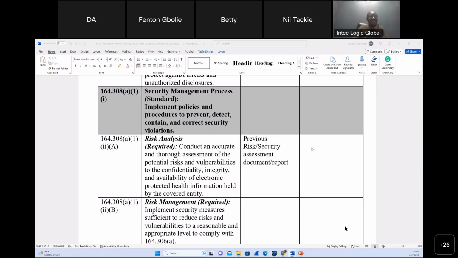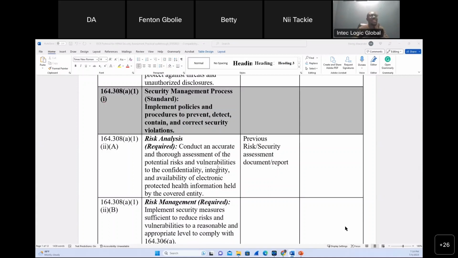I think it all boils down to the weaknesses in the system. So that's pretty much the vulnerabilities, right? Good. That's pretty much what you're going to be looking at. Where are the weaknesses? You have a point. So when they perform the assessment, remember it says to conduct an accurate and thorough assessment of the potential risks and vulnerabilities.